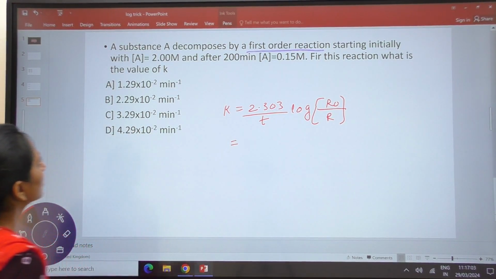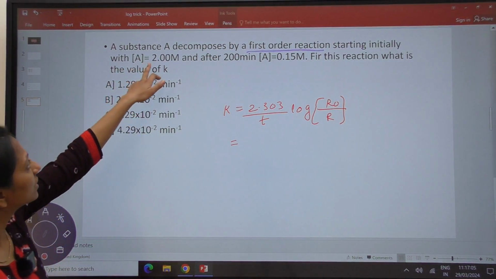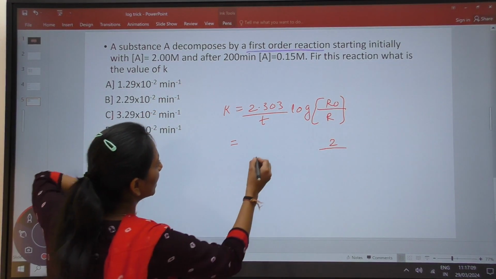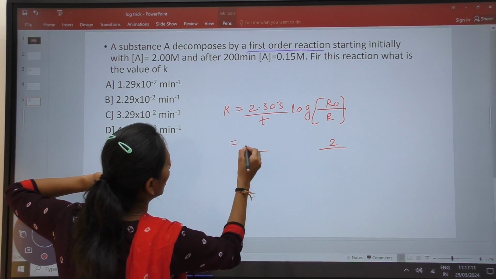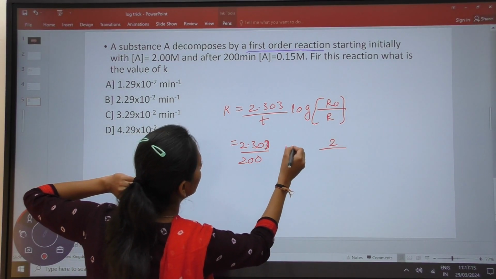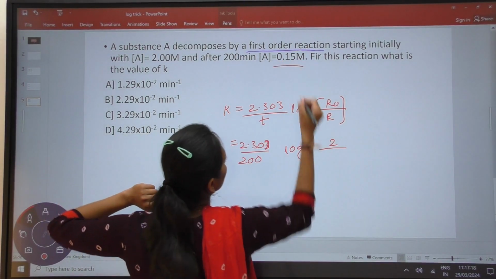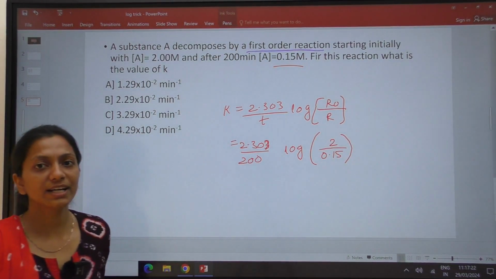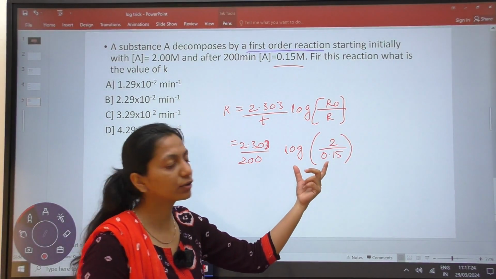Now putting the values of everything. Initial concentration, how much initially are they taking? They are taking 2. Then after how much time? After 200 minutes. How much is it getting converted into? 0.15.